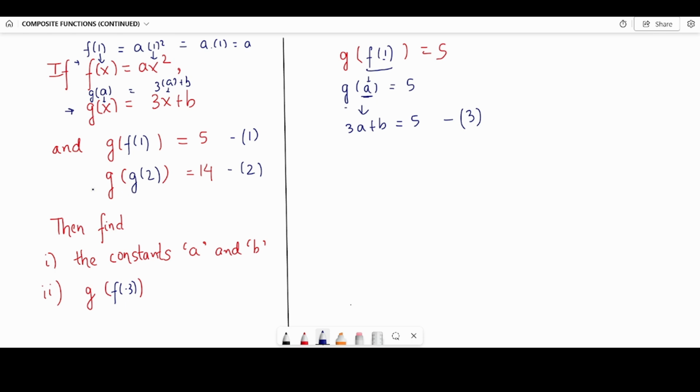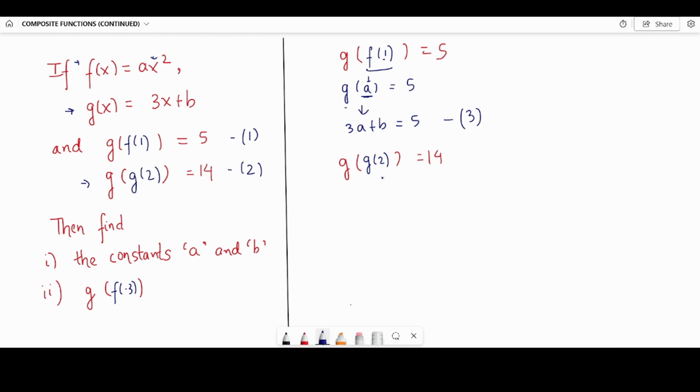Now we are going to use the second equation where we have g of 2 equals 40. Here we need to find the value of g of 2. To do that, we will go back to the function g of x. I'm just going to erase what I have written before, otherwise it will be difficult to understand.